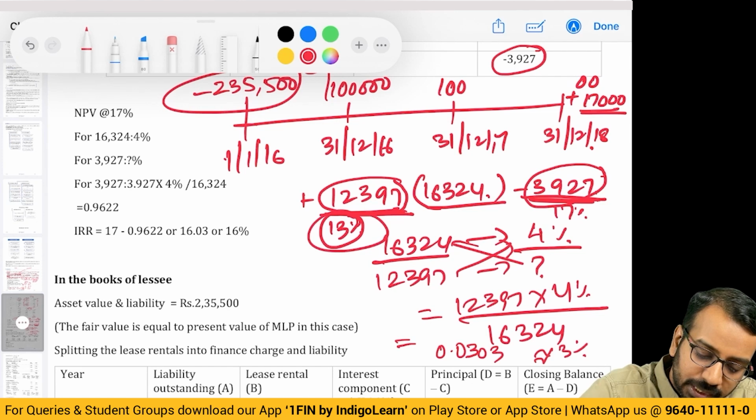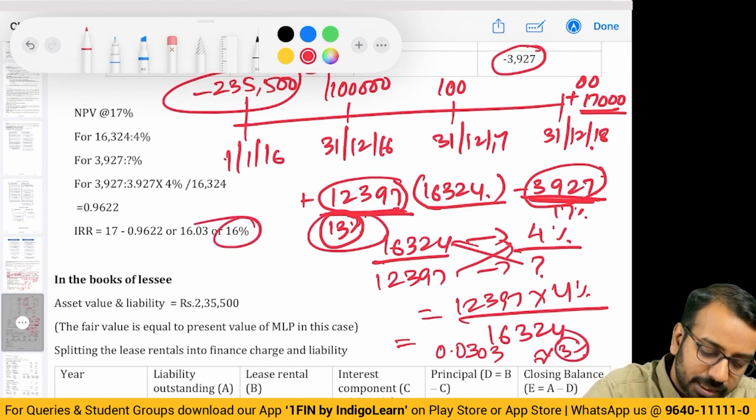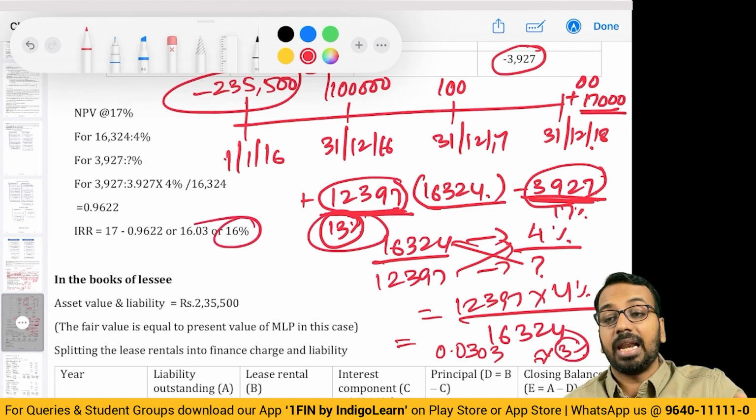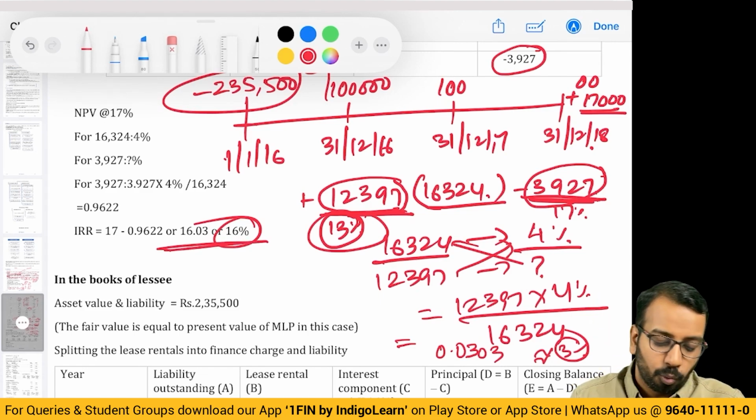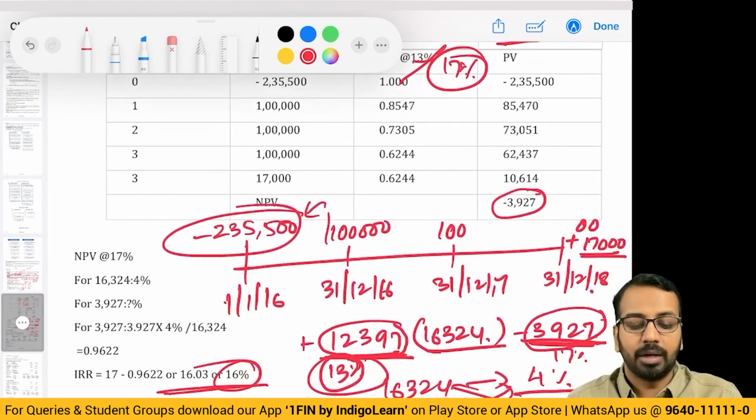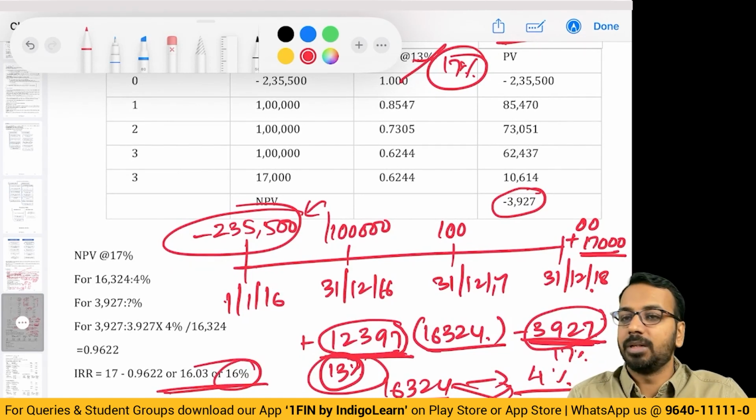So if you take 13%, you have to add 3% and we get 16% as a number. Very unlikely that in the examination they will not give you the rate. Okay. Now once you have decided the rate, what do we need to do? We need to calculate the present value of minimum lease payment.